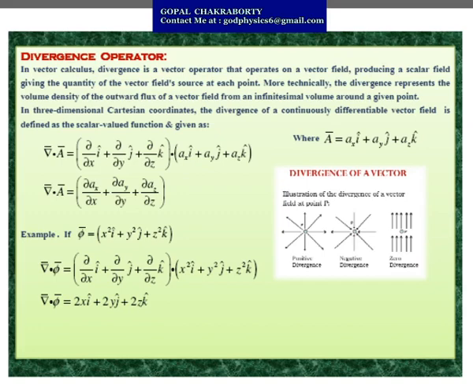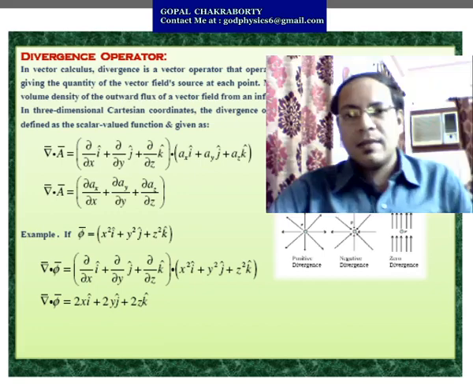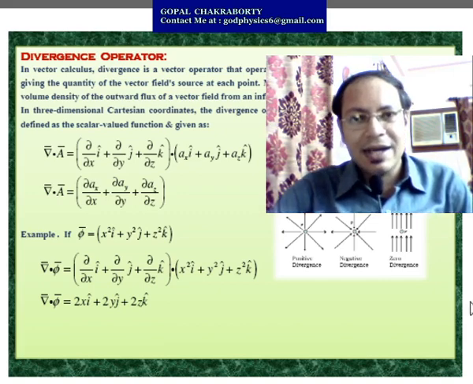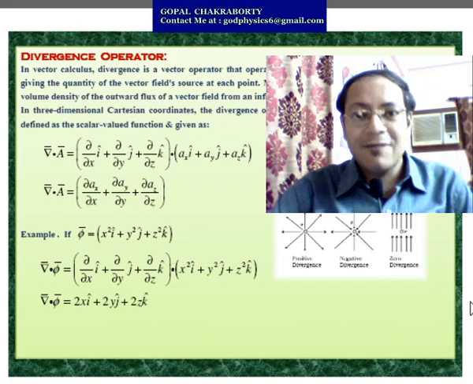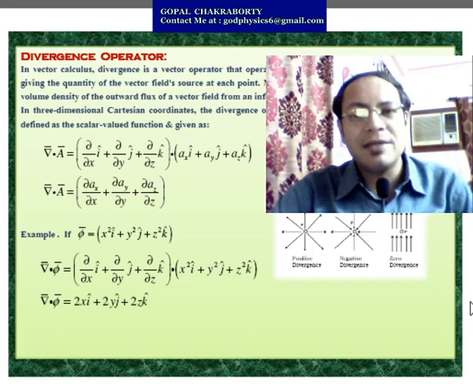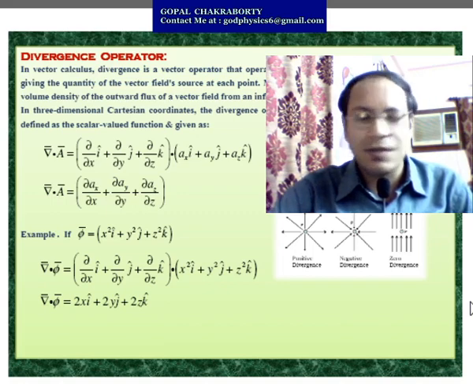So we have started with a vector quantity. Now we come to a scalar one after operating with that divergence operator. Again, for better understanding, I have considered phi. Now phi is a vector quantity. The value of phi is equal to x square i cap plus y square j cap plus z square k cap.